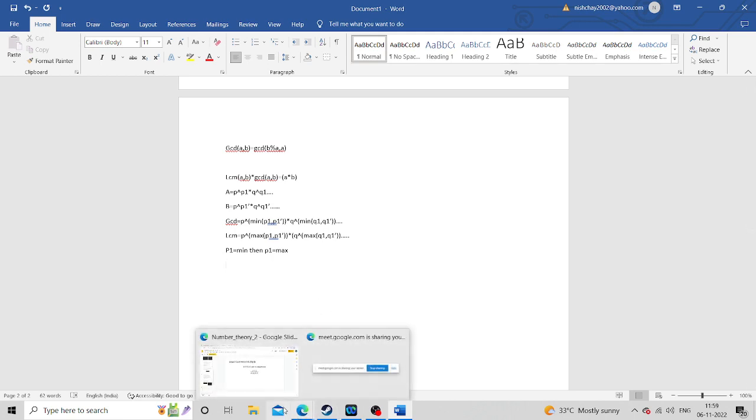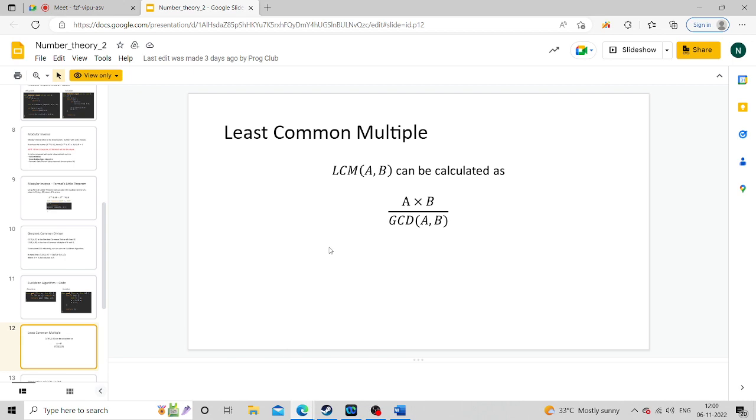Is this clear to you or not? Okay, so we said that A into B is equal to GCD into LCM. So LCM is basically A into B by GCD, right? You can compute GCD using the Euclidean algorithm, and then from that you can compute the LCM also.